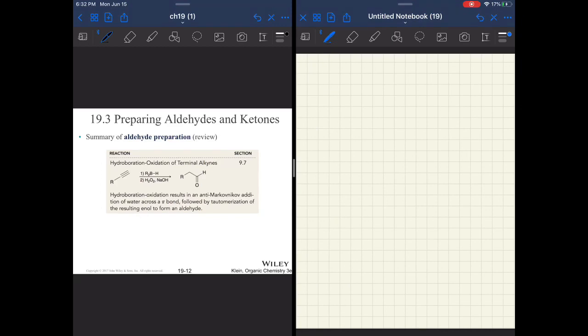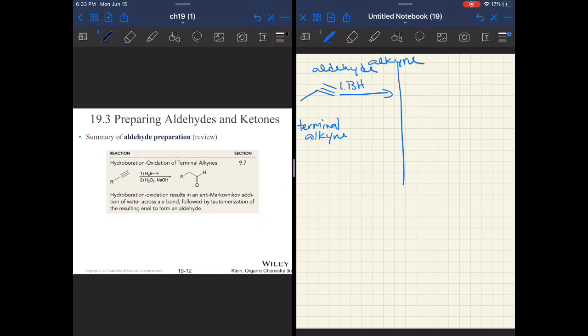There's an alkyne reaction here, so we'll keep going down this way. We're going to look at alkyne hydrolysis. So if we're trying to make an aldehyde, what we're looking for is a terminal alkyne. Can't do this with an internal one. And you're going to use hydroboration oxidation.